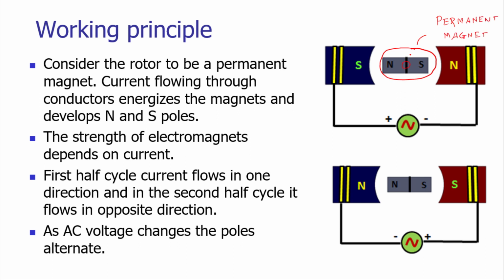The rotor is supported in bearings, and this assembly of the rotor is placed inside an electromagnet. The electromagnet will be energized by using the AC power supply, alternating current power supply.